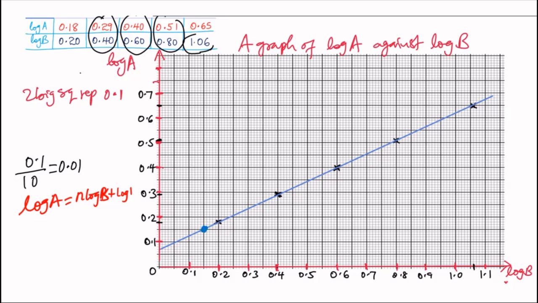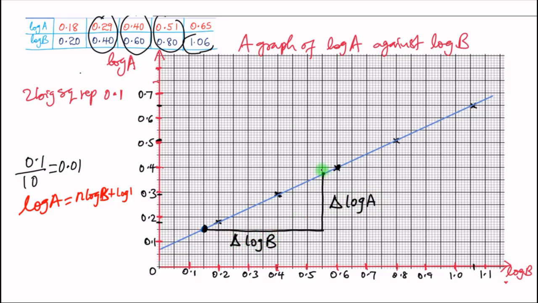I choose this point, and also the other point, a suitable point that I'll be able to read. Let me choose a different point apart from what I have plotted. This is the point I'm going to choose. Therefore, I draw this line, so this will be the change in log A and the change in log B.